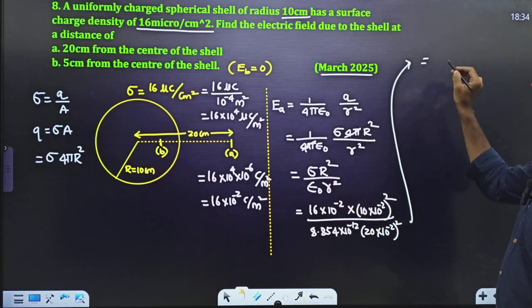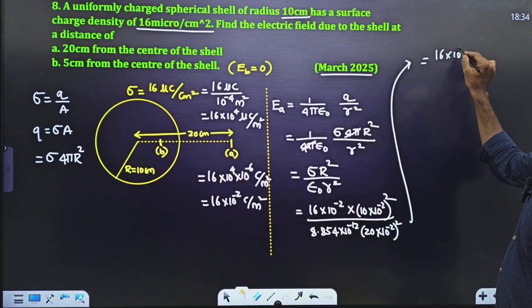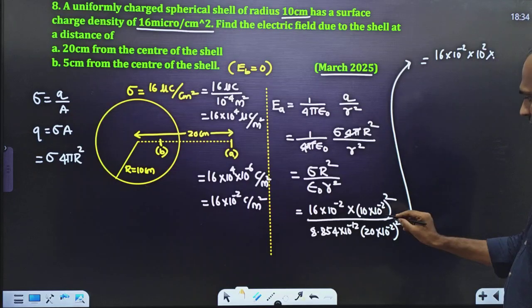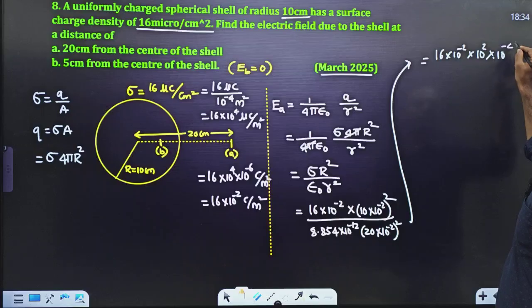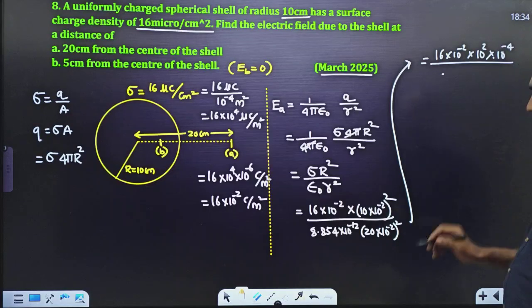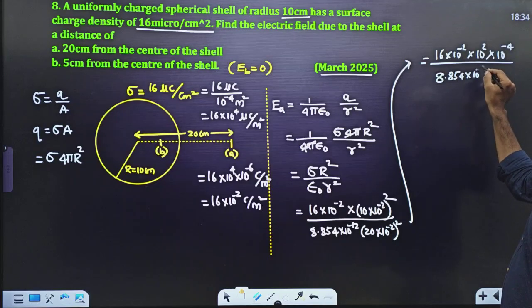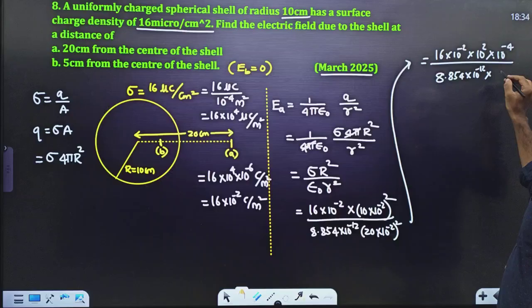Let us simplify. So this is 16 into 10 to the power minus 2 into 10 square into 10 to the power minus 2 whole square, that is 10 to the power minus 4, divided by 8.854 into 10 to the power minus 12 into 20 square, which is 400, into 10 to the power minus 4.